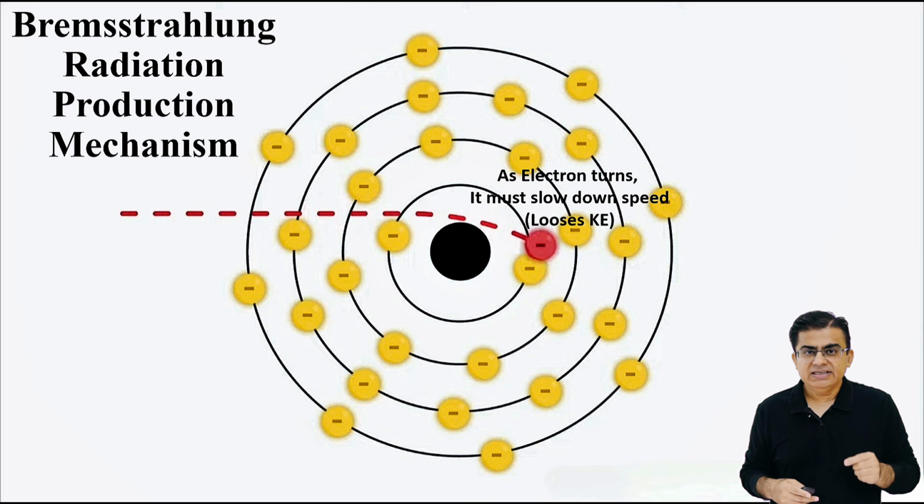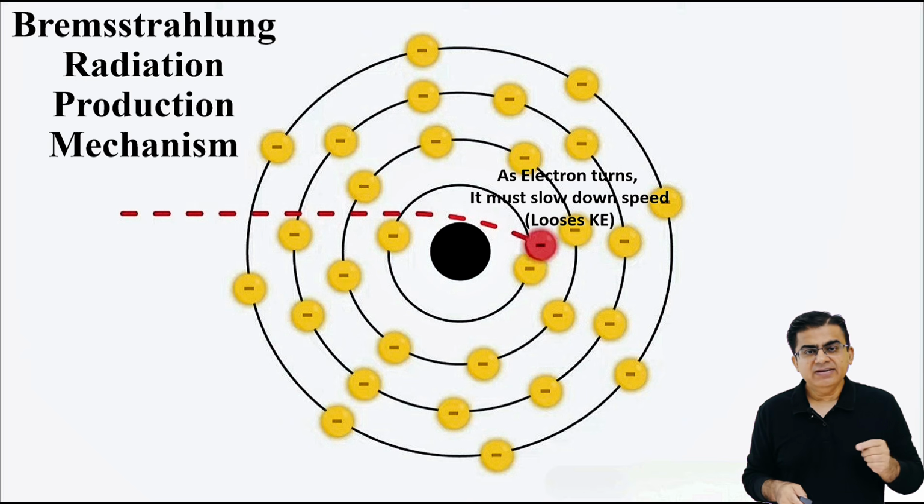You can clearly see the electron making this sharp turn on your screen right now. Think of this just like driving a fast car on a highway and suddenly making a very sharp turn. In order to survive that sharp turn, the car must slow down.